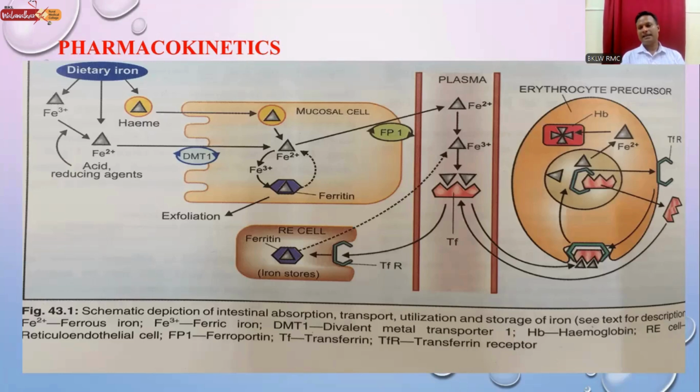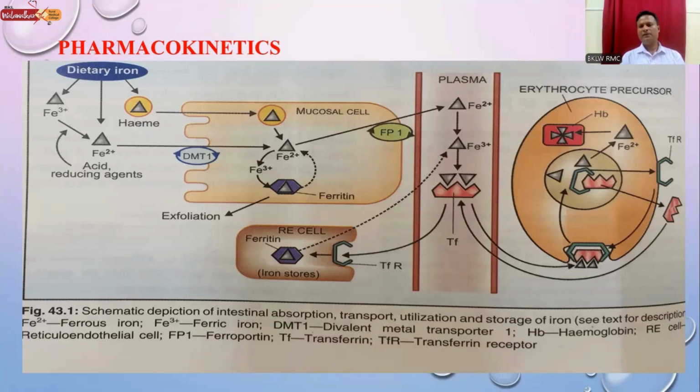It is enzymatically converted to ferric form, and this ferric form binds to another glycoprotein in plasma, that is transferrin. So two molecules of ferric ions get bound to transferrin, and in the plasma, iron usually transports in bound form along with transferrin.